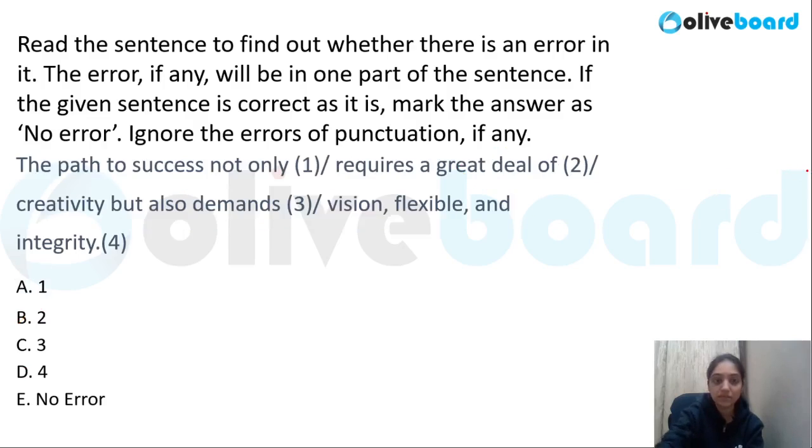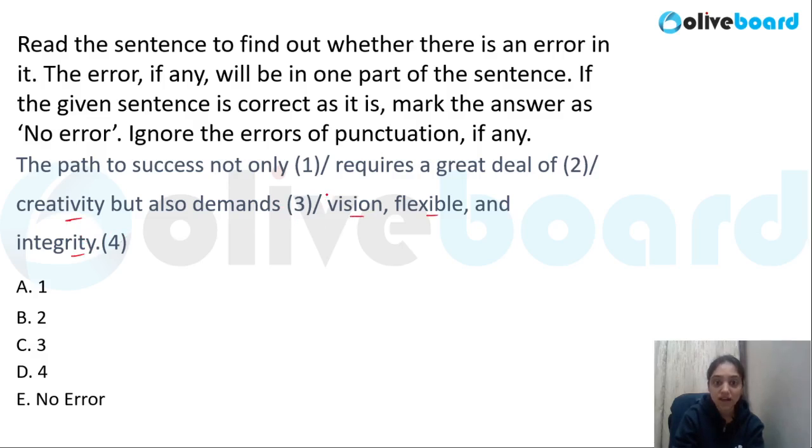Moving further, the next sentence reads, the path to success not only requires a great deal of creativity, but also demands vision, flexible and integrity.